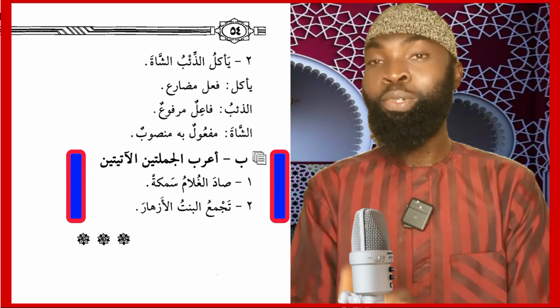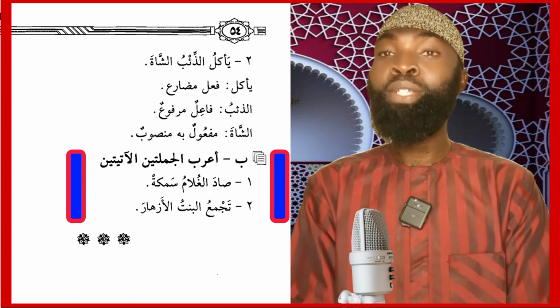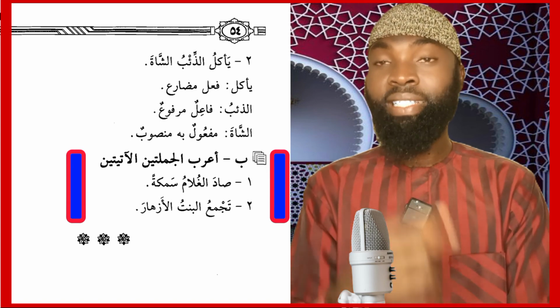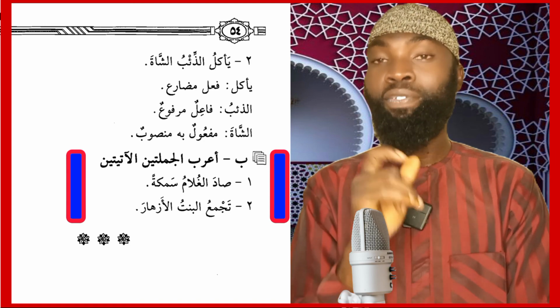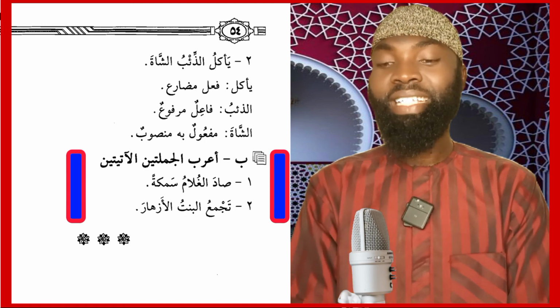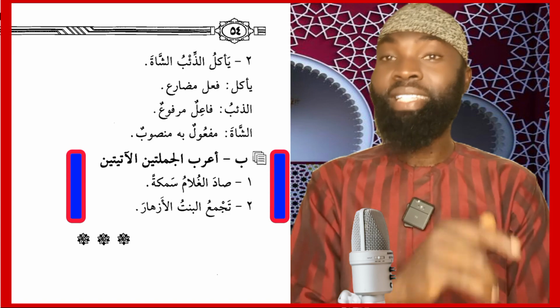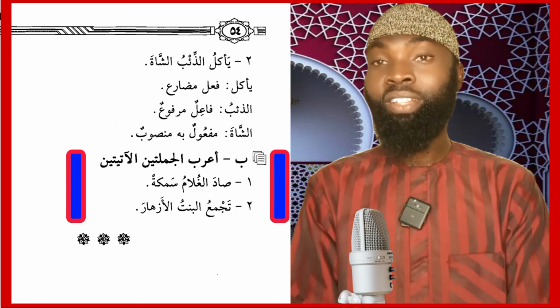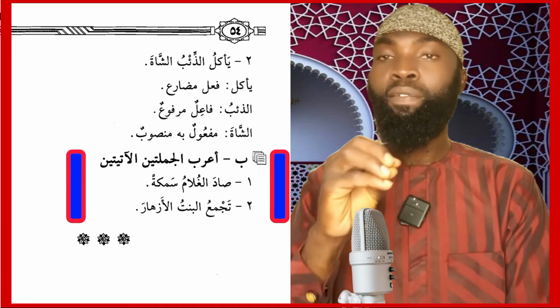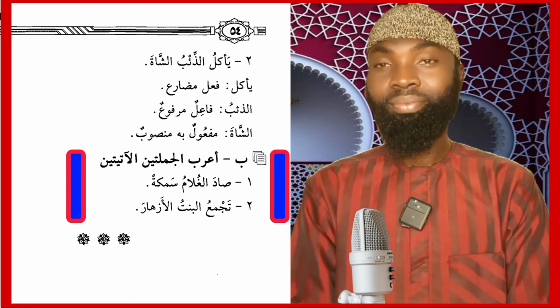Then al-bintu is the subject of the sentence, the performer of the action. So we say al-bintu fa'ilun marfu'un. And lastly, al-azhara. It ends with fatha, therefore it is the object of the sentence. So we say al-azhara maf'ulun bihi mansubun.